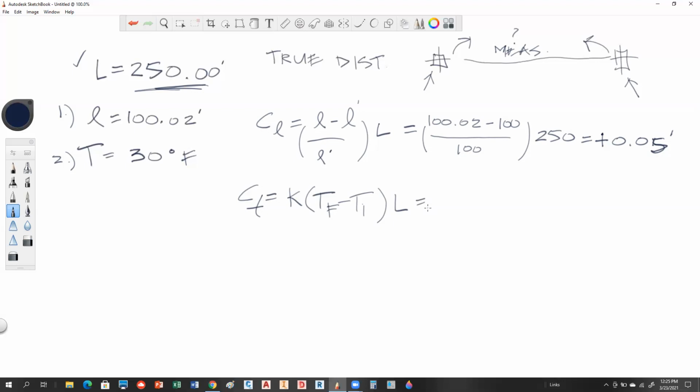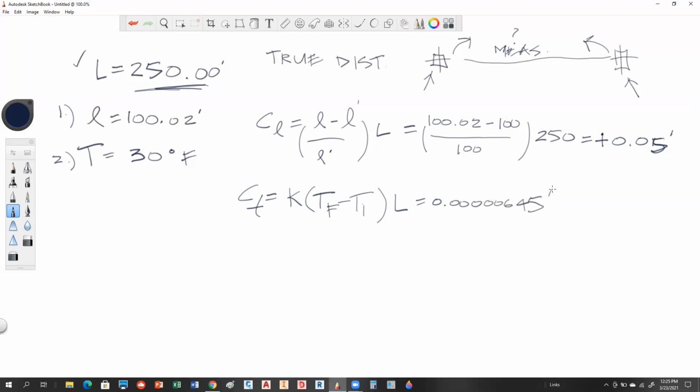Or some people use alpha. Anybody remember what that's called? Yeah, that's your coefficient of linear expansion for steel. So that's material dependent. 6.45 times 10 to the minus 6. Okay.